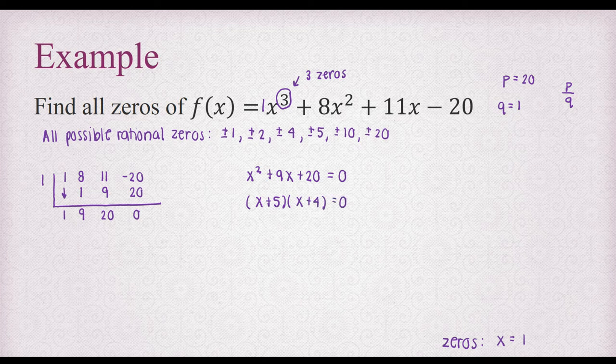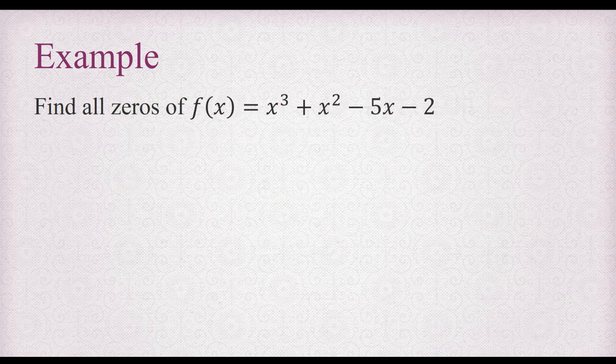So x plus 5 times x plus 4 equals 0. I have to set each of those equal to 0 to finish solving for x. So I'm subtracting the 5, I'm subtracting the 4. My other 2 zeros to get me my 3 zeros would be negative 5 and negative 4. So my 3 answers are 1, negative 5, and negative 4.